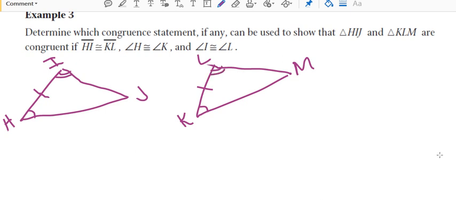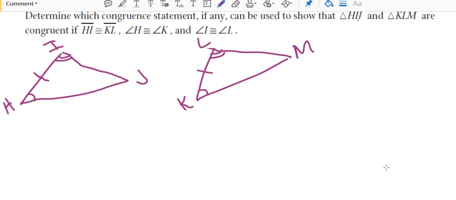So that's what my image looks like, and I want to start thinking about what information I know. So I know that I have two angles that are congruent, and I also have a side that's congruent. So this could be maybe angle, angle, side, or it could also maybe be angle, side, angle.